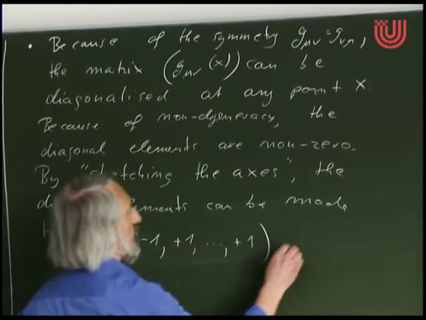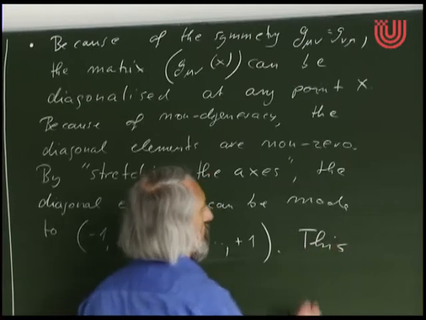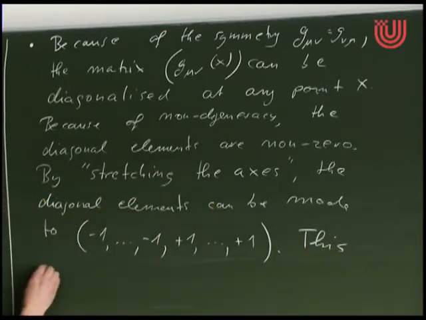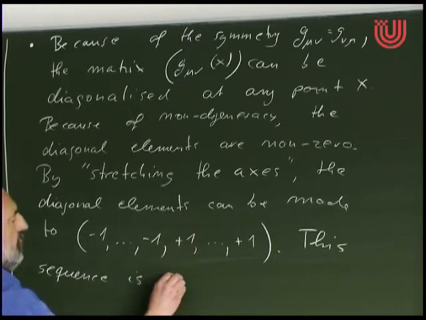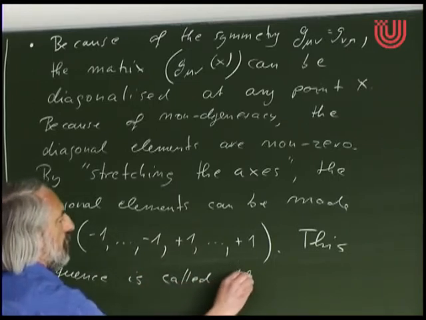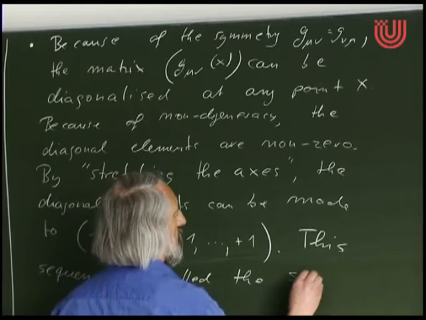And this sequence is what we call the signature of the pseudo-Riemannian metric. The sequence is called the signature of G.